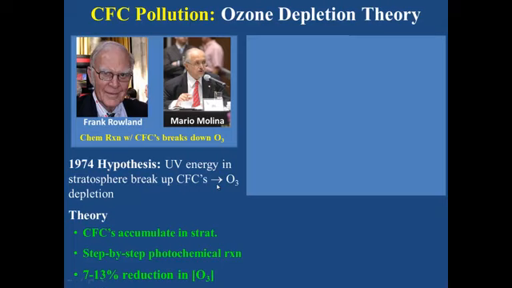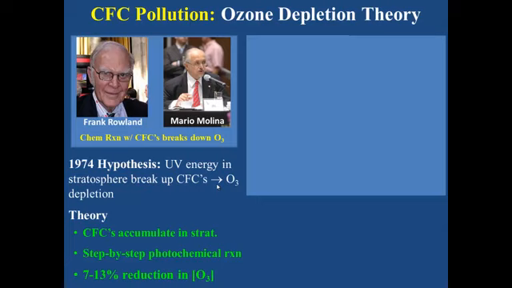Now, remember that a hypothesis is just an explanation. A theory is going to be more mechanistic, like how does this happen? All right, and what was interesting about Rowland and Molina's research is that they actually never had to do any experimentation.